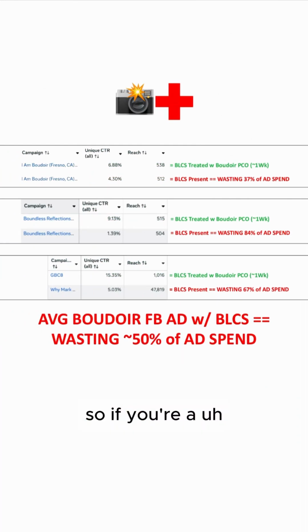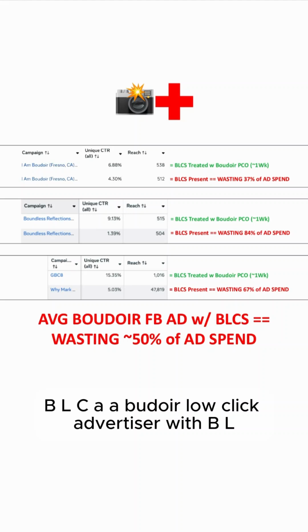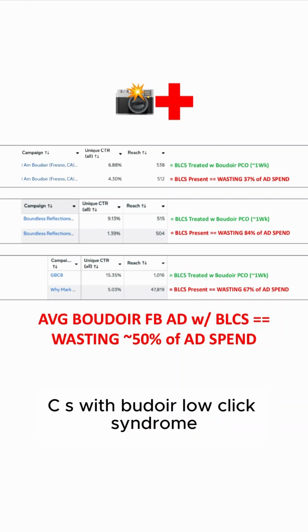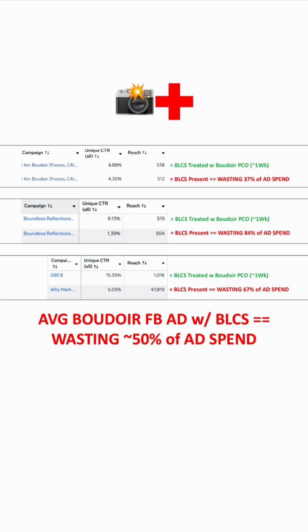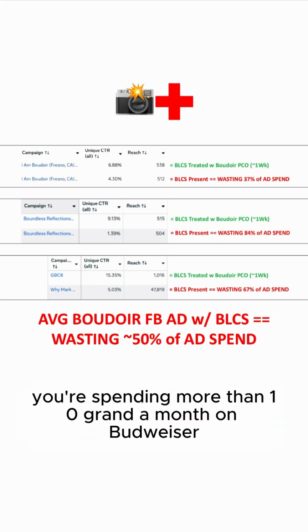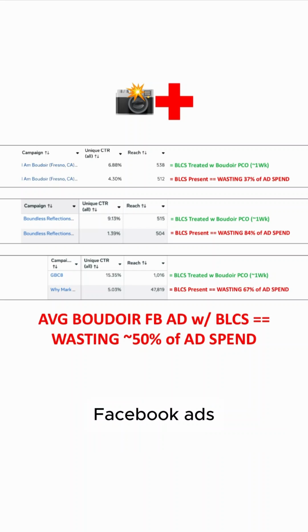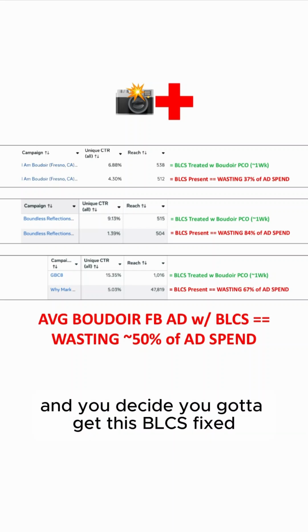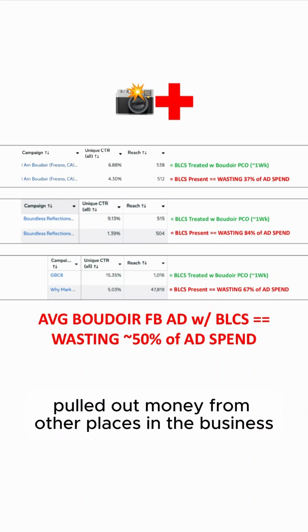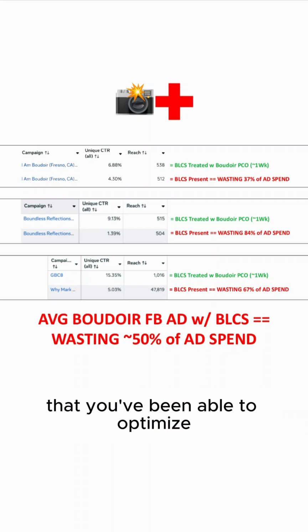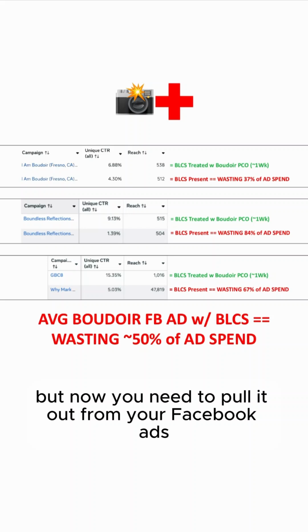So if you're a BLCA, a Boudoir low click advertiser with BLCS, with Boudoir low click syndrome, so the unique CTRL of your Boudoir Facebook ads is under 6%, and you're spending more than 10 grand a month on Boudoir Facebook ads, and you decide you gotta get this BLCS fixed because you've pulled out money from other places in the business that you've been able to optimize, but now you need to pull it out from your Facebook ads.